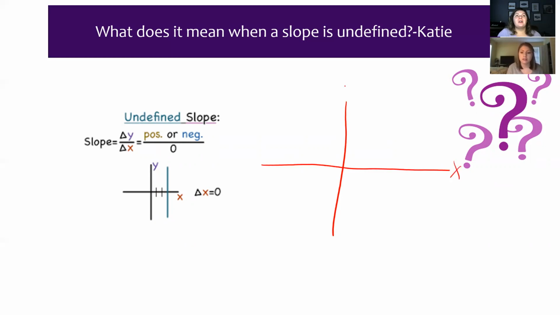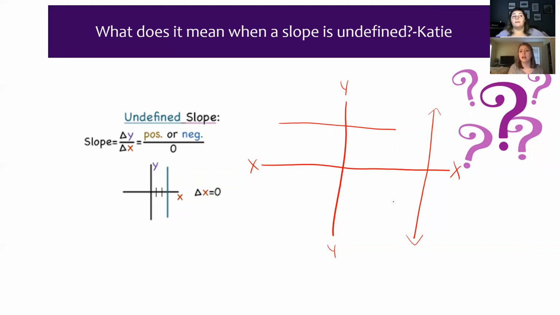Okay. So here's my x and y axis, and we know it of course goes on and on forever. There are different coordinates. Whenever I see a line that is vertical, up and down, I know that there is no run here on this vertical line. There is no run, so I automatically know that there's an undefined slope.